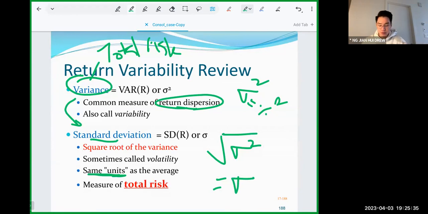So that's why we use standard deviation here. And standard deviation measures total risk. I'll put 2 stars here because the idea of measuring total risk is very important, and we need to know that standard deviation is total risk. Later, we will go into details on breaking down the types of risk, but in terms of total, it's always the standard deviation of the returns.